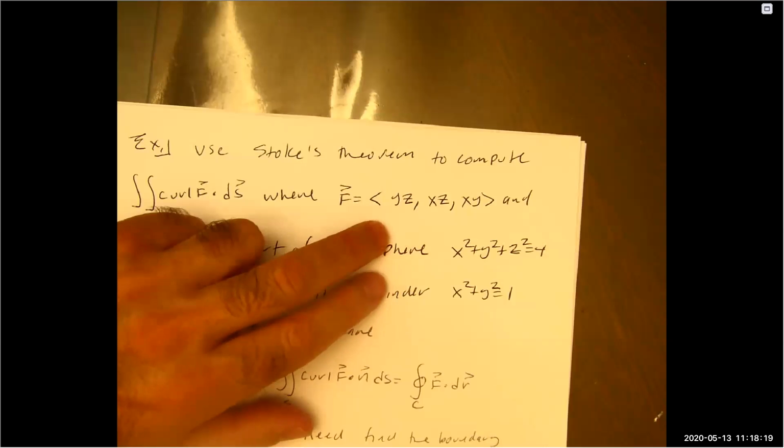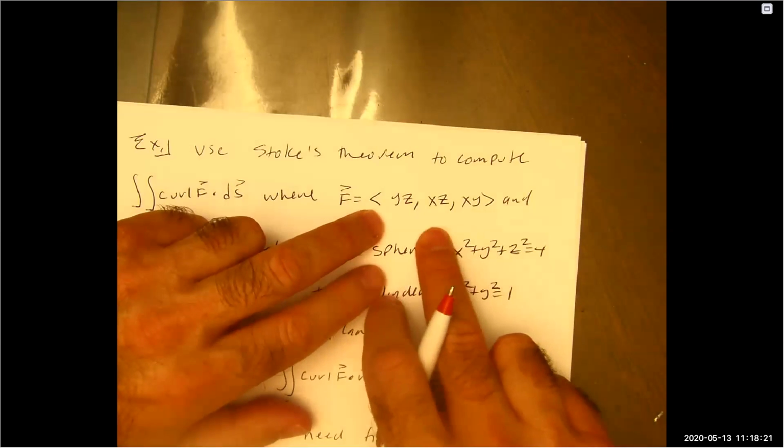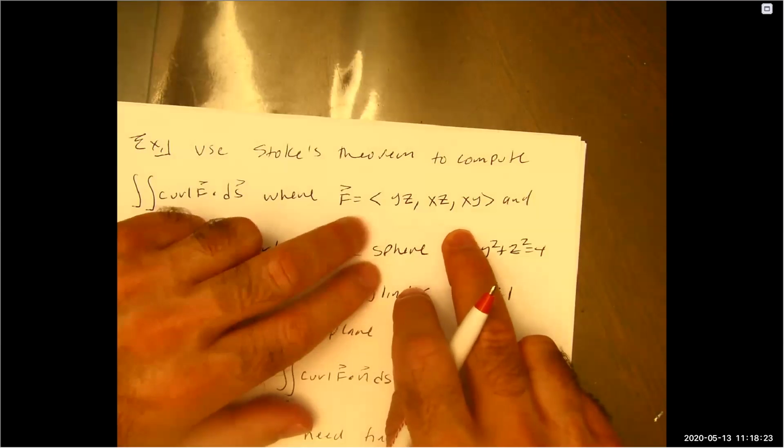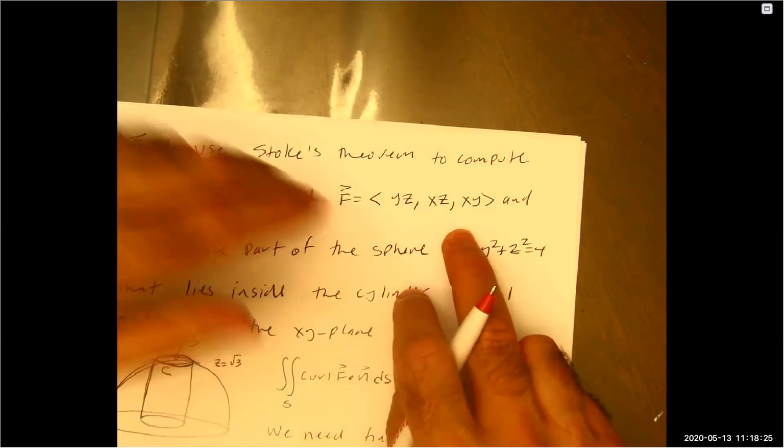So if it's a conservative vector field, that means that there's a function of 3 variables whose gradient is this vector field.